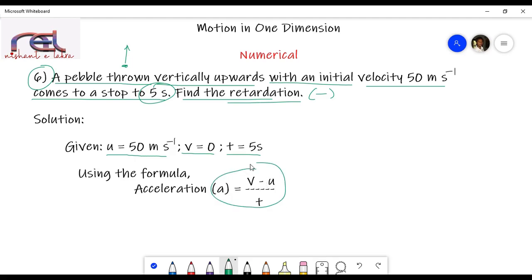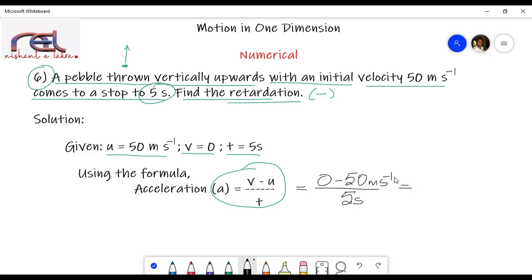We'll use the formula of acceleration: final velocity minus initial velocity divided by time, right? So according to what is given in the question, final velocity is 0, initial velocity is 50 meter per second, and time is 5 seconds.